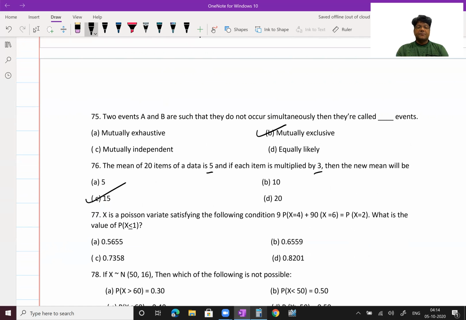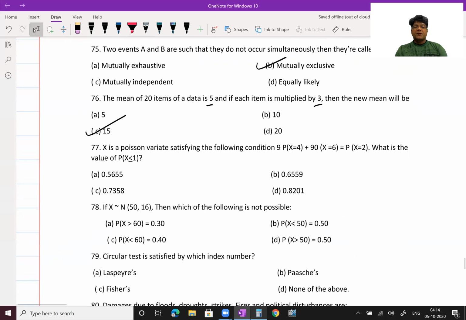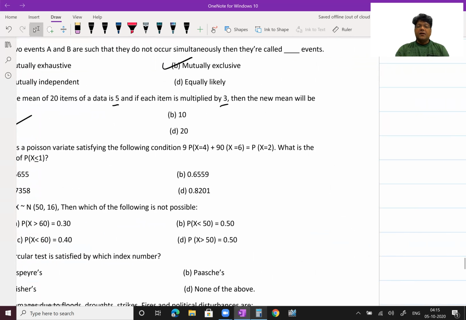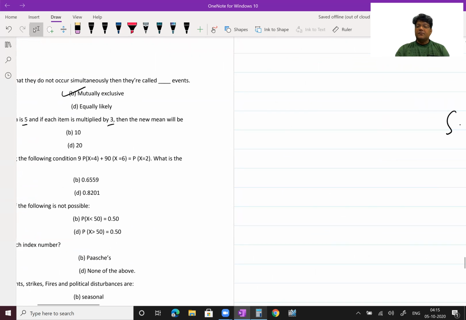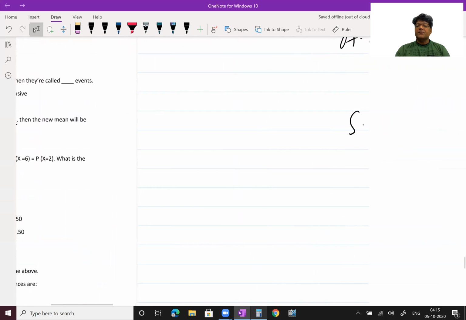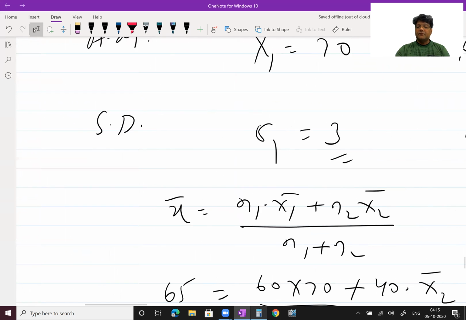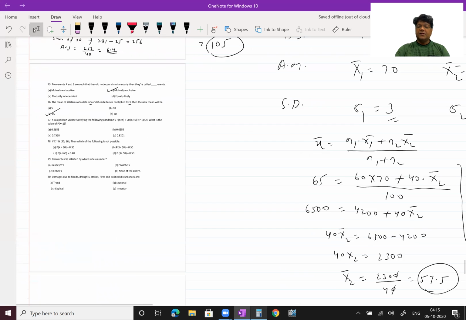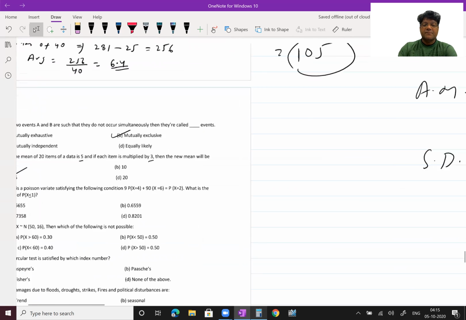Your answer C. X is a Poisson variate satisfying the following condition. What is the value of probability X is less than or equal to 1? Guys, space is there. Okay, we'll use this much space.